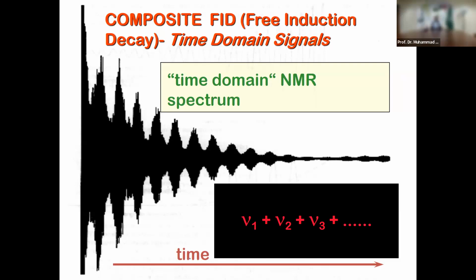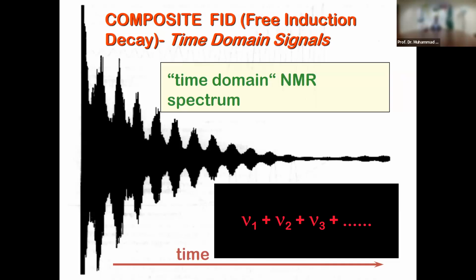I told you that there are two mechanisms through which relaxation takes place. One is called T1, big T1, spin lattice relaxation, where the energy you have given through radio frequency is disseminated, lost to the lattice in the environment, because there are so many other molecules present, such as solvents, and eventually this energy goes to them.